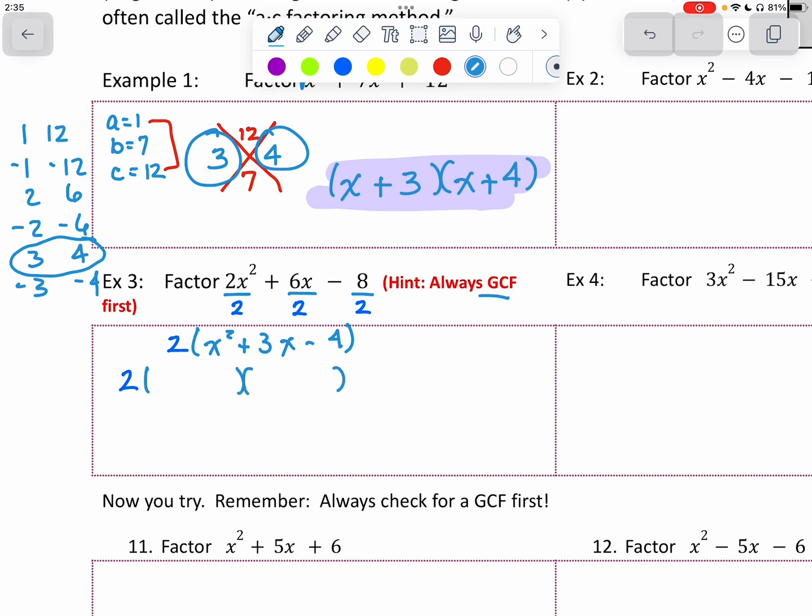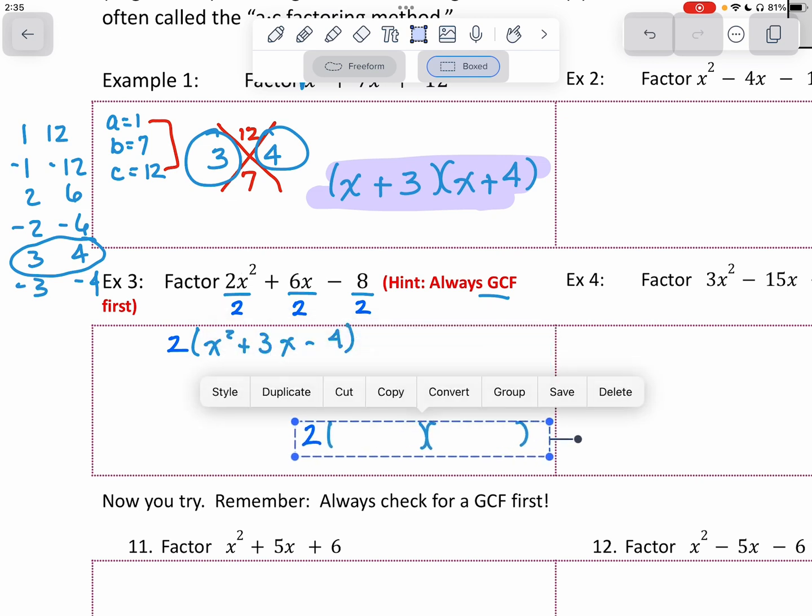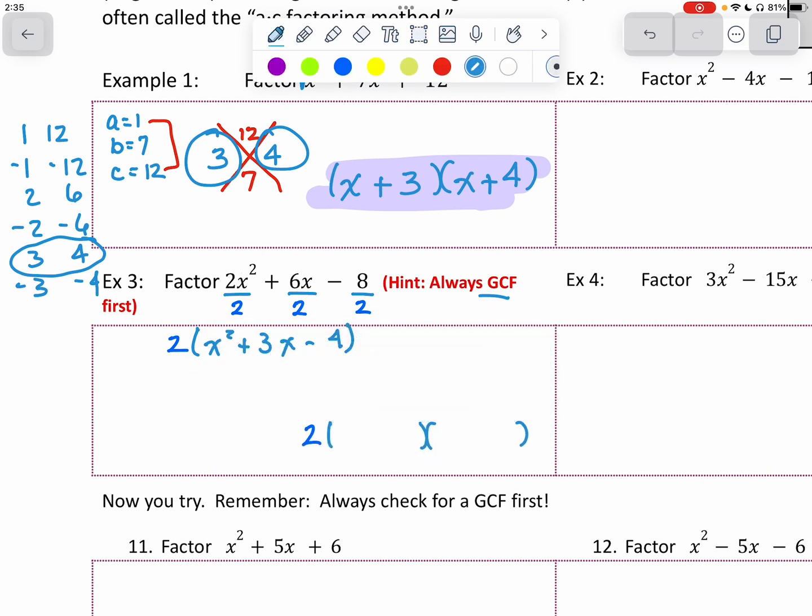I'm going to set up my factoring skeleton over here so that I can put my final factored solution there. Then I'm going to factor the same way I did example 1 above. I'm looking for two numbers that multiply to give me A times C, which is negative 4, and add together to give me positive 3. I need one to be positive and one to be negative.